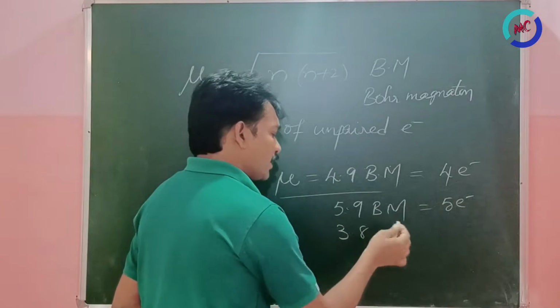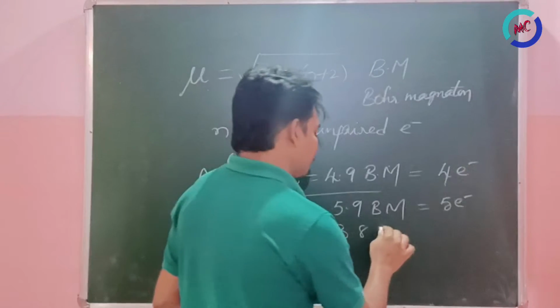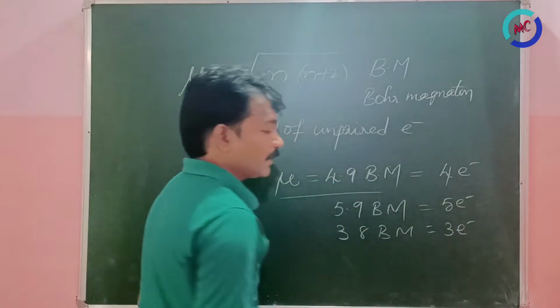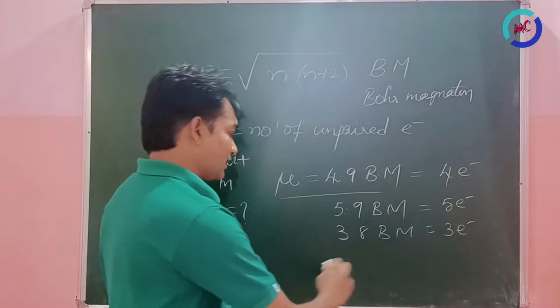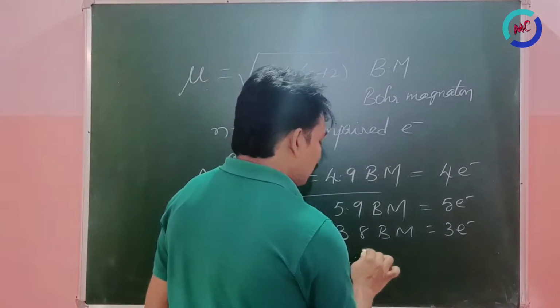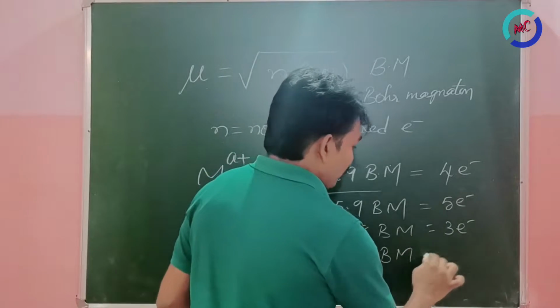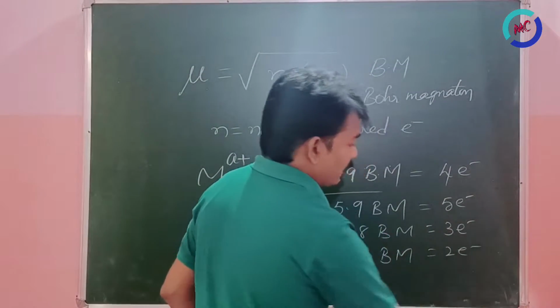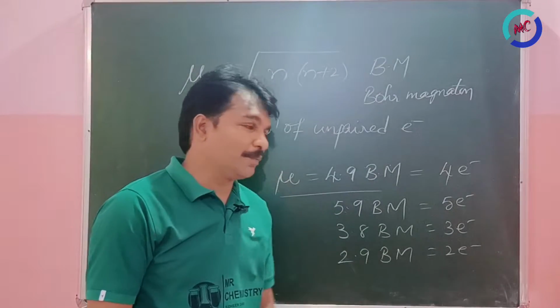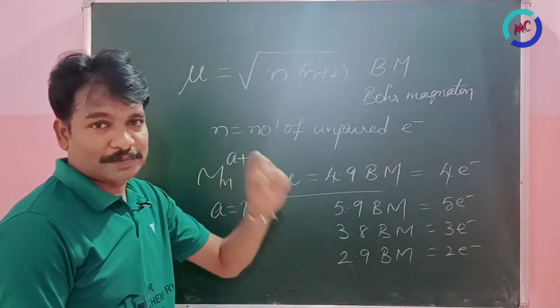If it is something like 3.8 or 3.9, then number of unpaired electrons is 3. And if it is something like 2.8 or 2.9, then number of unpaired electrons is 2. You follow this one, then you will feel it easier to calculate such questions.